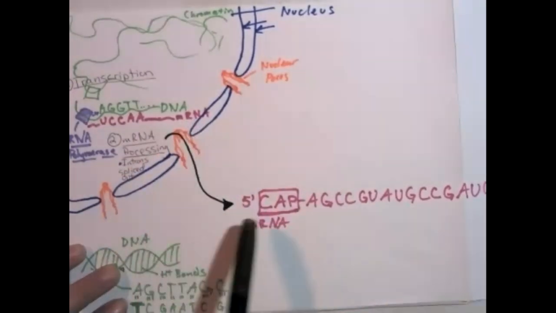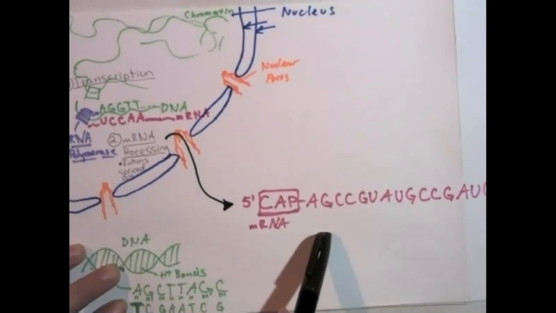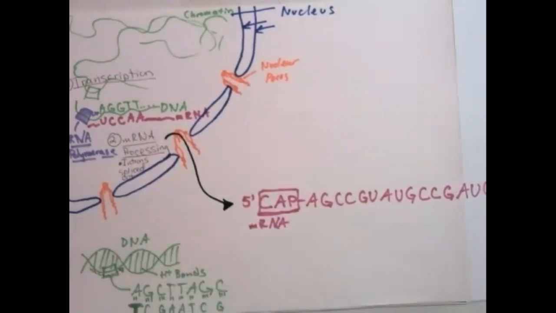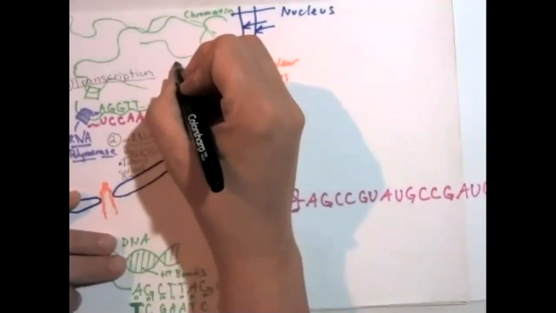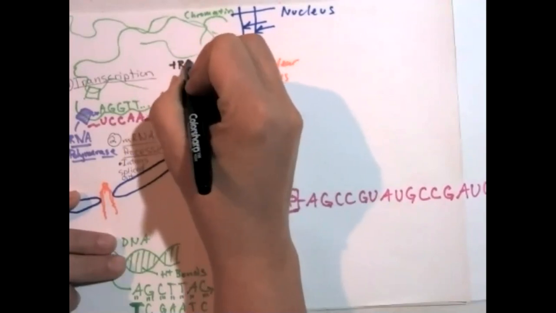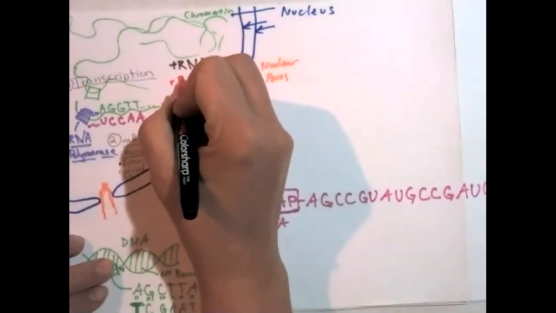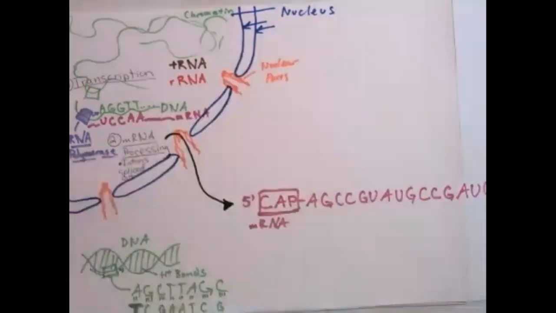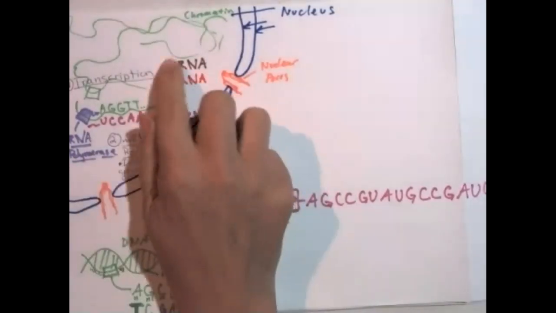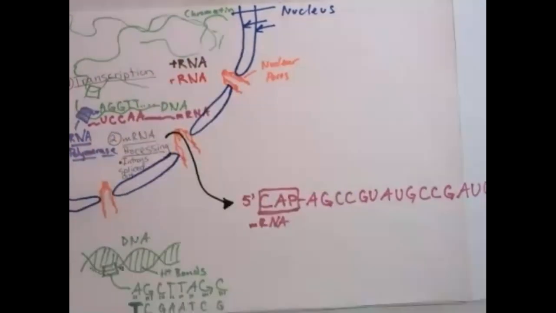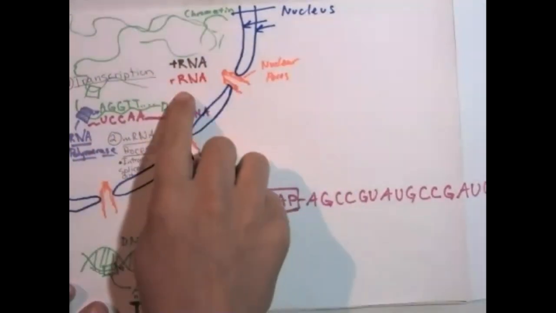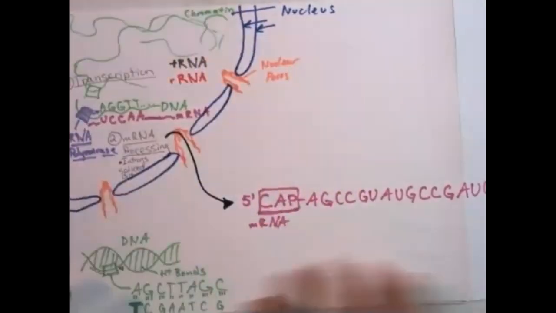In order to complete this process out here in the cytoplasm, we need to also make tRNA, transfer RNA, and we need to make rRNA. Now, the genes for both of these types of RNA are stored elsewhere in the nucleus.